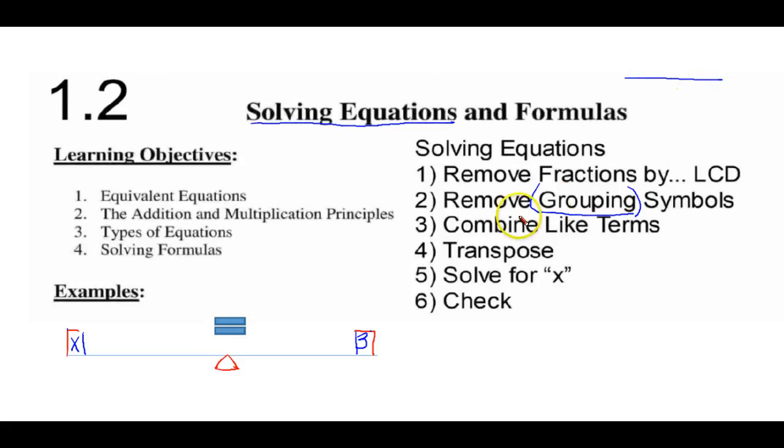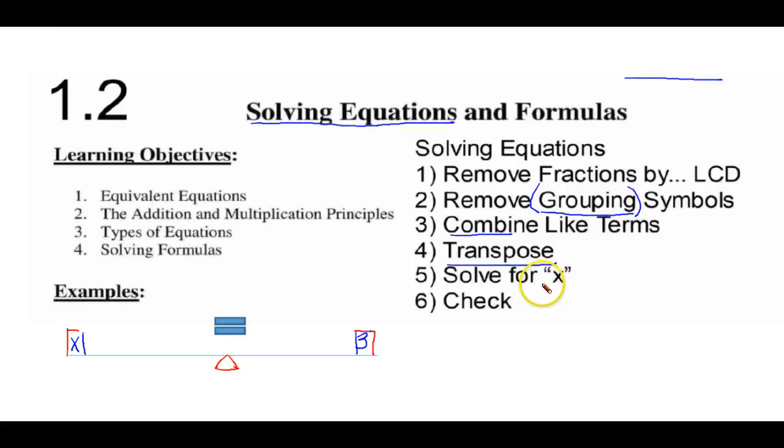And the next thing is, once you have all the grouping symbols gone, there's no fractions, you combine like terms, and then you want to do something that's called transposition, where we take numbers from one side, move them over to the other, changing their sign. Letters from one side, moving over to the other, changing their signs. Now we'll show you that as we go below.